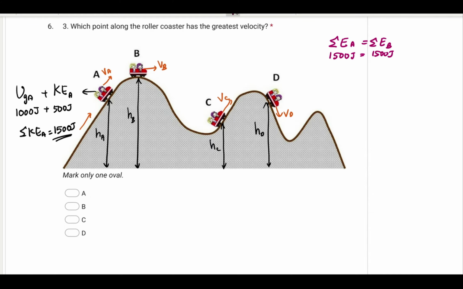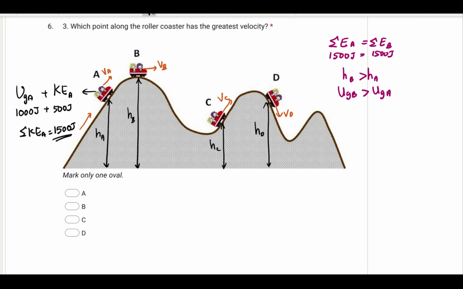Cuma bezanya dekat sini, tengok kat sini, the height at point B, height dia lebih tinggi, right? HB should be bigger than HA. Height at B bigger than height at A. Therefore, the gravitational potential energy at point B lagi besar daripada gravitational potential energy at point A.